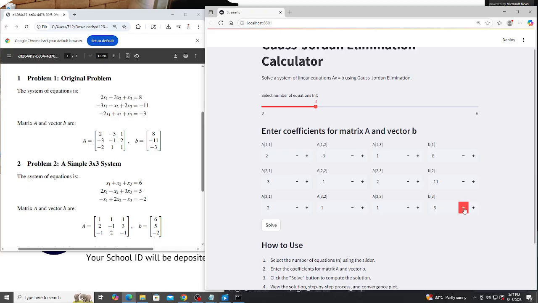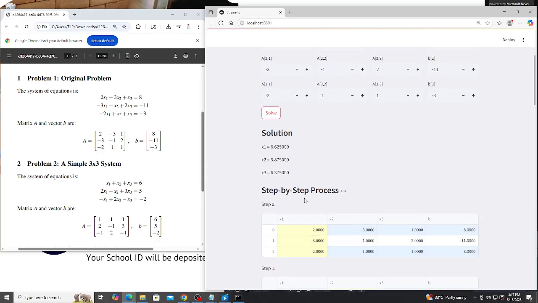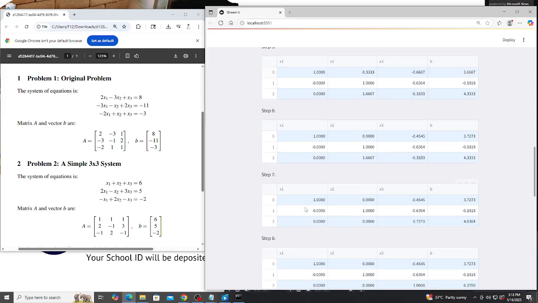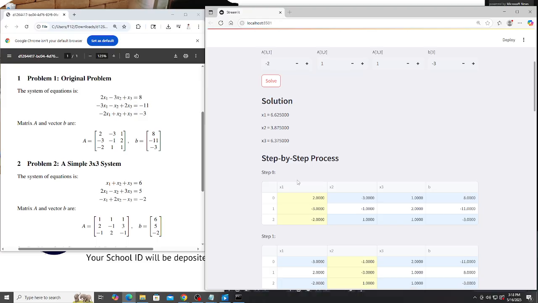After inputting the equations into our calculator, we can solve the problem by clicking the solve button. As you can see, this tool not only provides a solution but also offers a step-by-step breakdown and verification, making it educational and reliable.